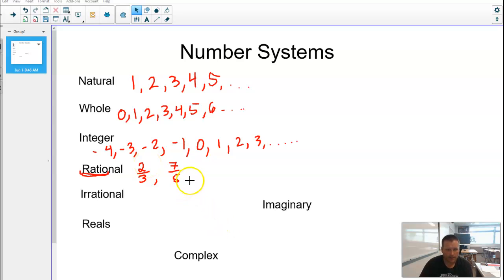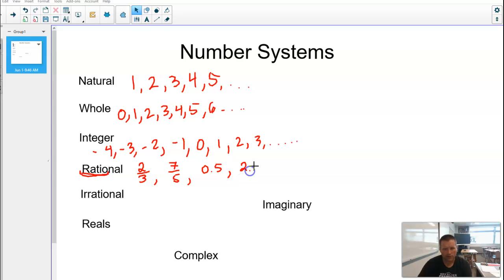The other thing you got to keep an eye out for is if you have a decimal that ends, so like 0.5, obviously that can be written as a fraction. That's why this is called a rational. So really, if you see a decimal that ends, it doesn't stop because you've rounded or anything, it just stops where it's at. That's a rational. And the other ones are the decimals that are repetitive.